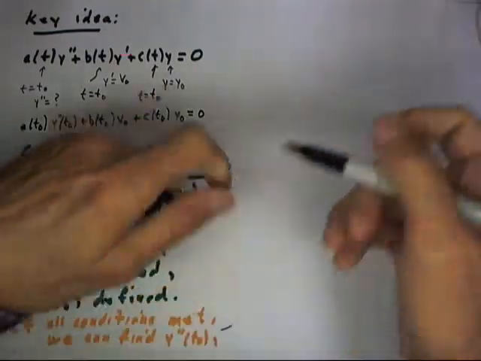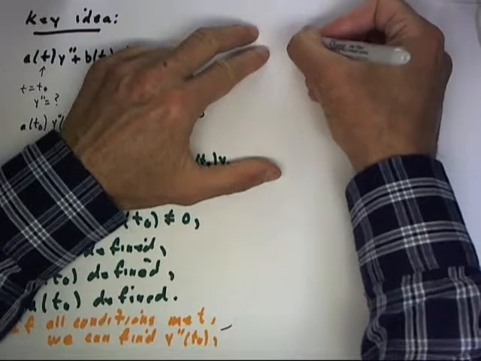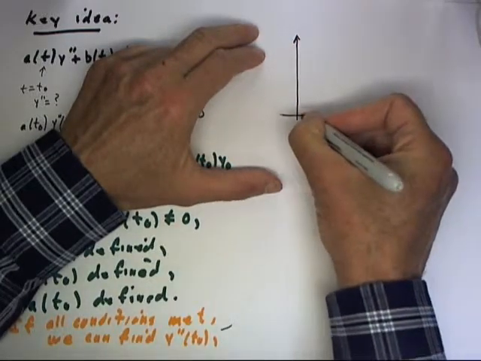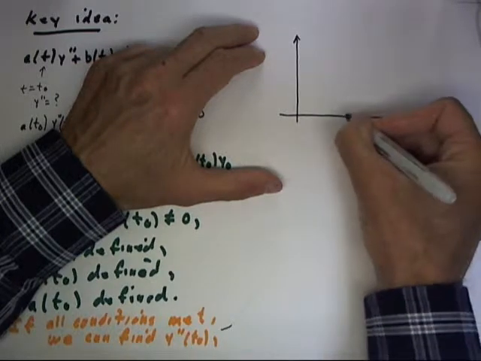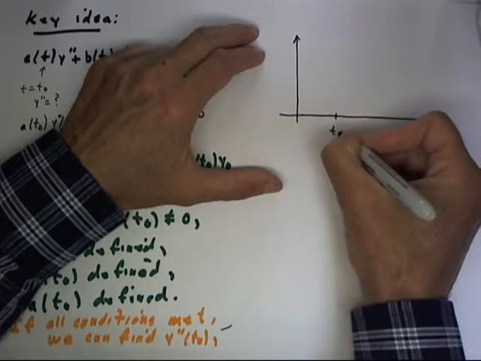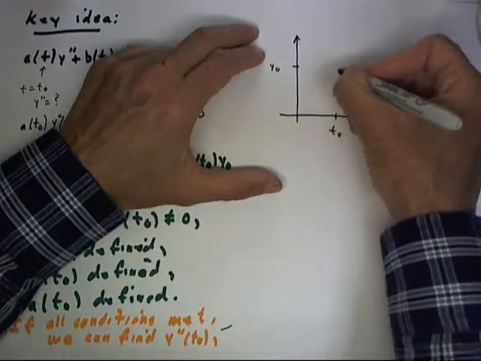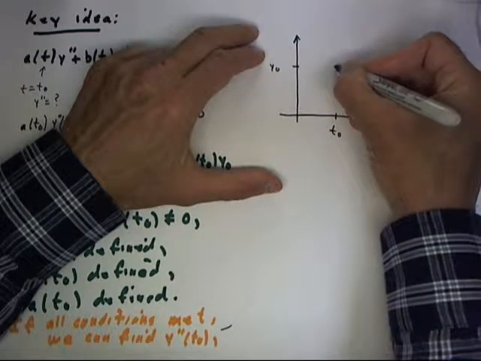Okay, at this point, let's summarize geometrically what we know about the function. We know we have a coordinate t0, we have a coordinate y0 that lie on the solution curve.